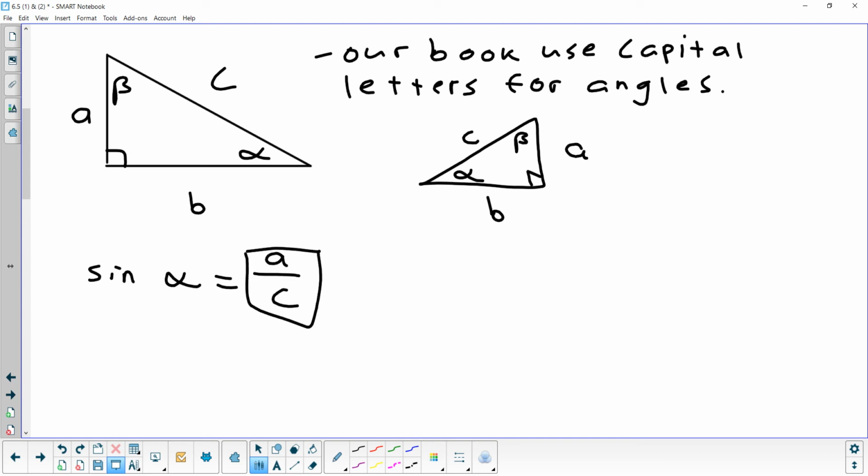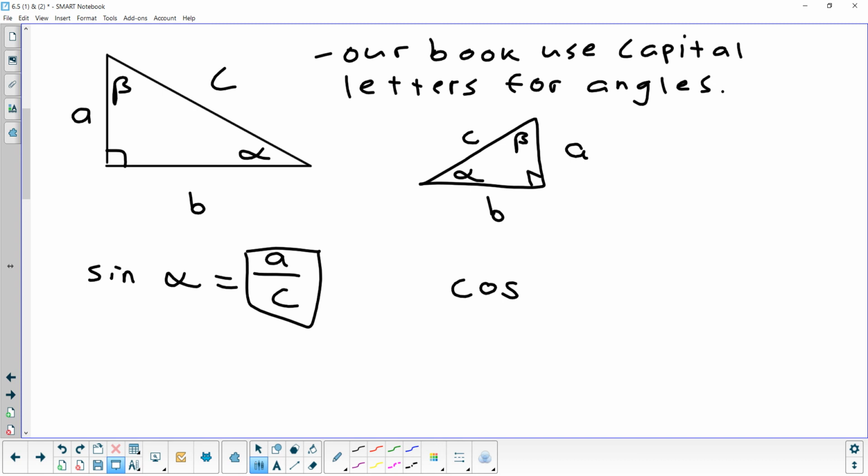Now, I'm going to do two things. Instead of sine, I'm going to put the word co in front of it, so I'm going to find the cosine. And instead of using alpha, I'm going to use the angle that's complementary to alpha. In that diagram, what angle is the complement to alpha?